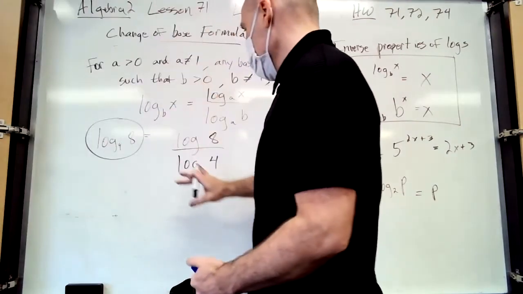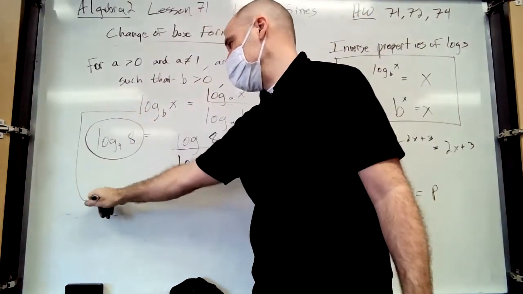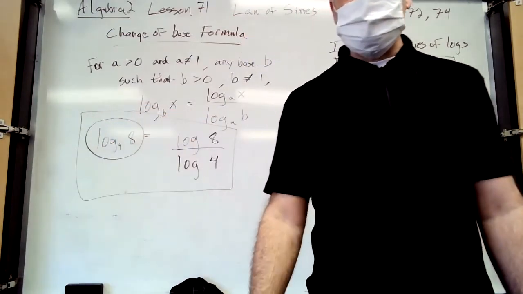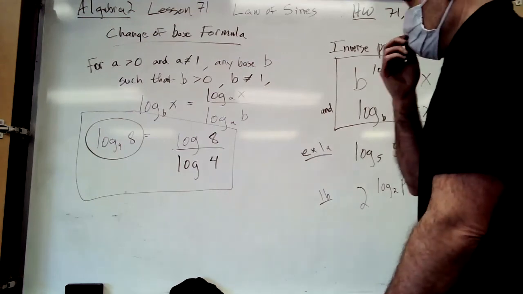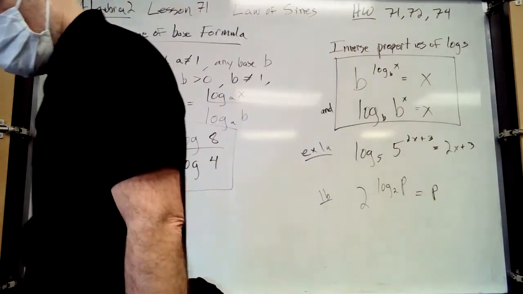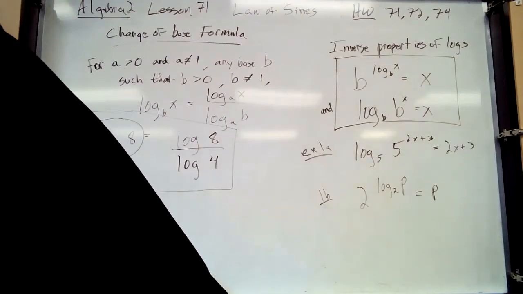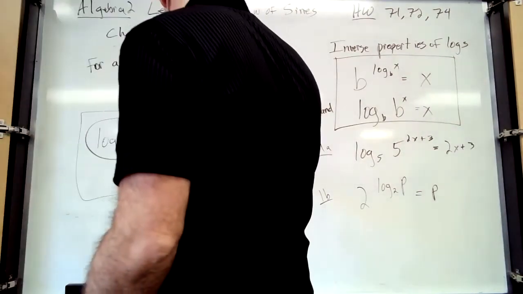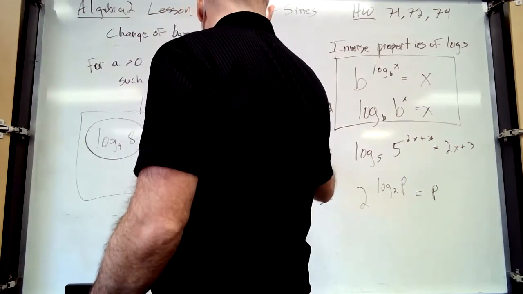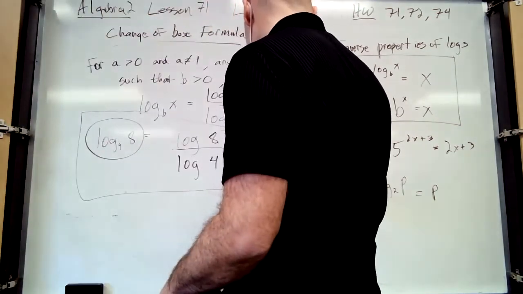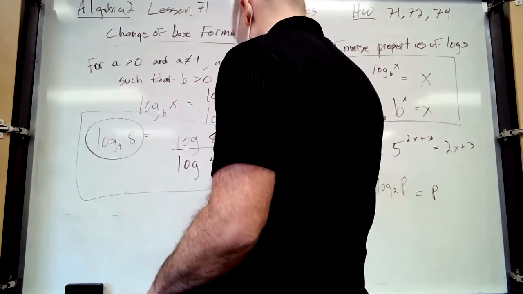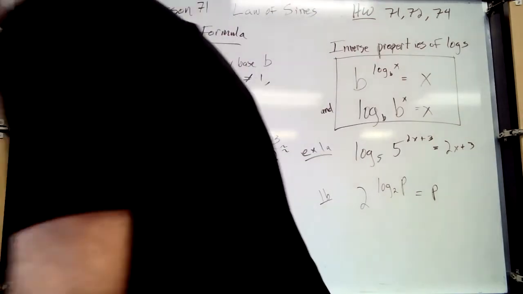This is confusing, but it makes sense. If you're going to write something down, write that down and call it the change of base formula, because all the a's and b's are confusing. Then you end up getting approximately 0.903 divided by 0.602, which is approximately 1.5.